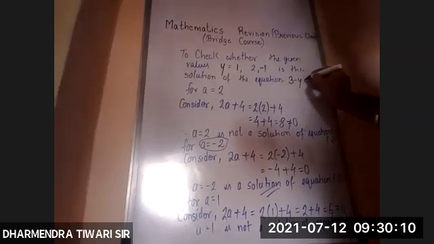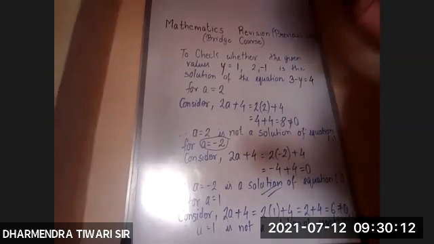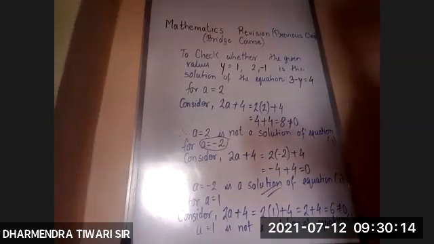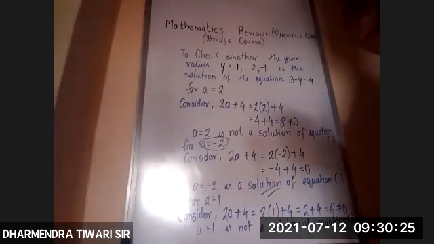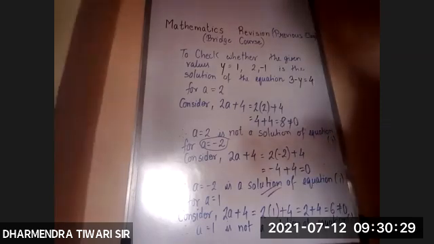3 minus y is equal to what? 4. So when we get the answer 4, only then can we conclude that it is a solution, or else we will say that no, it is not a solution.